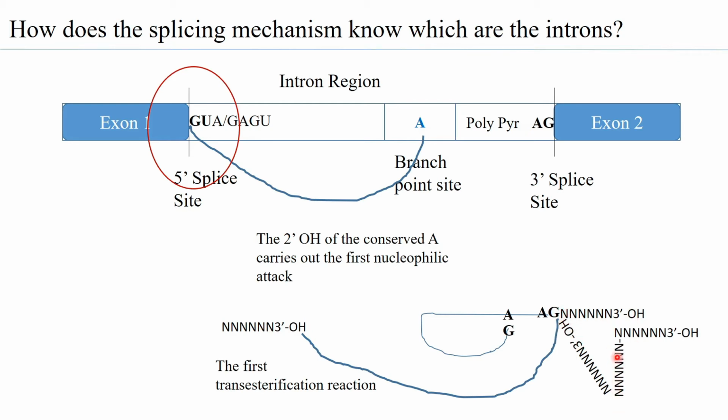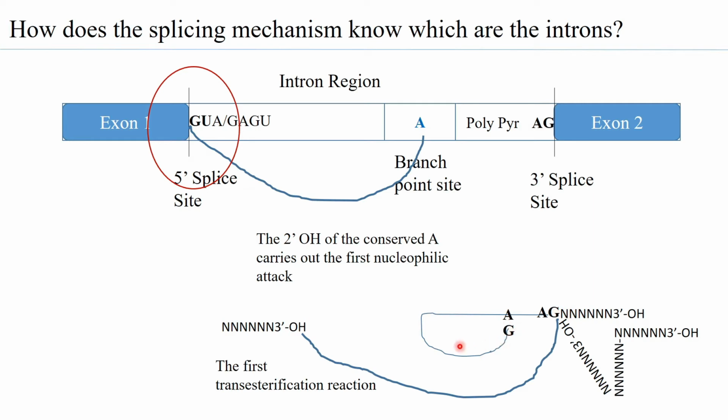So now what you have is exon 1 and exon 2 joined together by an ester bond. How is this ester bond formed? By the second transesterification reaction, which means the ester bond between the 3' splice site of the intron and exon 2 is broken, and instead a new ester bond is formed between exon 1 and exon 2, thereby joining the exons together and leaving the intron in the form of what is called a lariat.